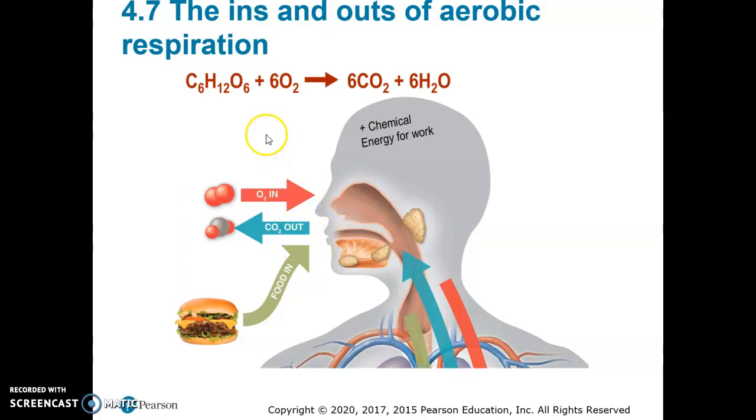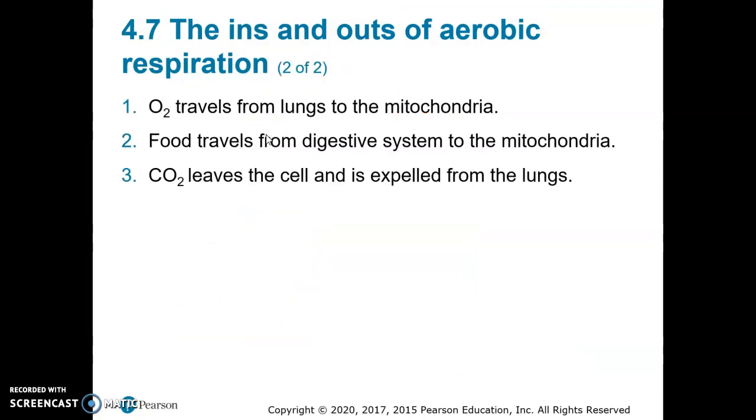We also exhale a lot of water. The O2 travels from the lungs to the mitochondria because that's where it's needed. Food travels from the digestive system to the mitochondria for the same reason. The CO2, the byproducts that you and I don't need, leave the cell and are breathed out through the lungs.